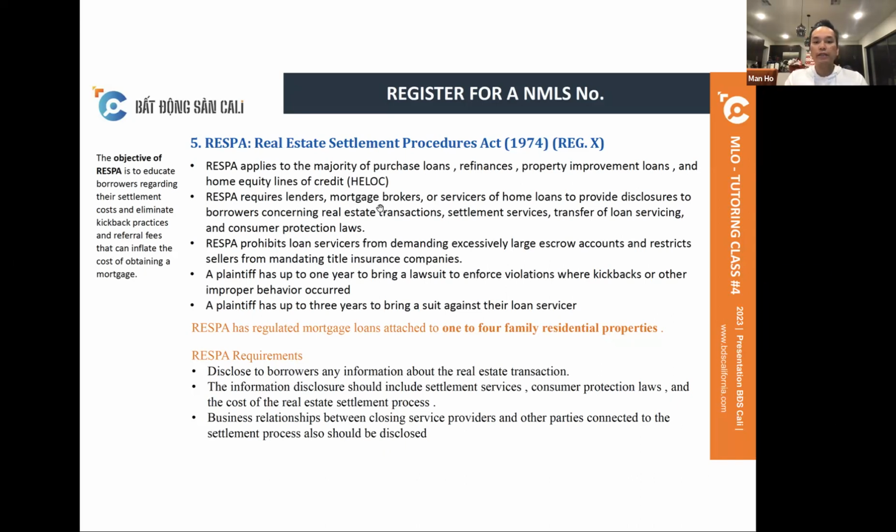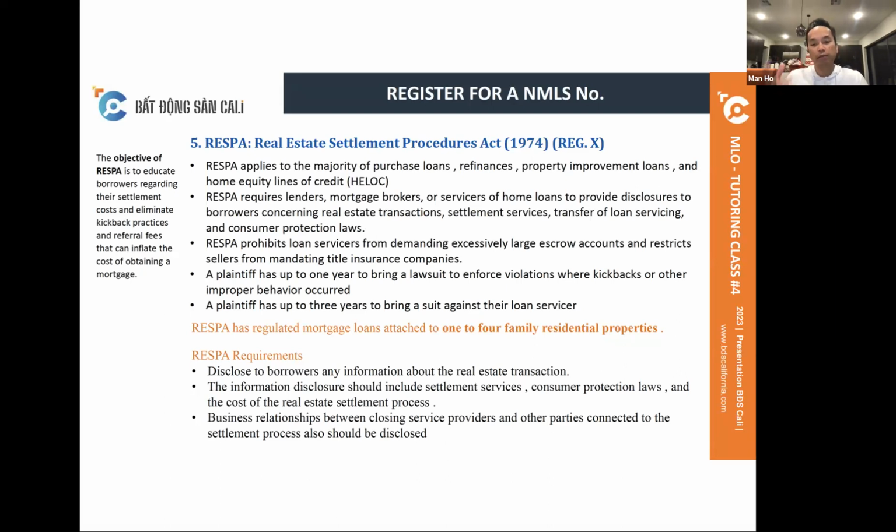Okay, RESPA requires lenders, mortgage brokers, and servicers of home loans to provide disclosures to borrowers concerning real estate transactions, settlement services, transfer of loan servicing, and so on. Okay, all these services require the lender, mortgage broker, and servicer to send all the associated disclosures.